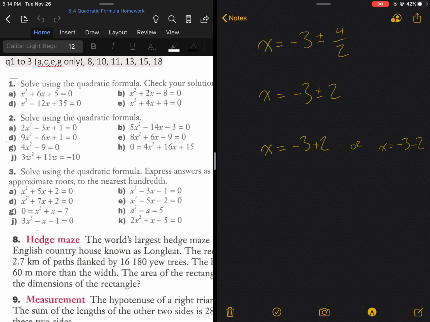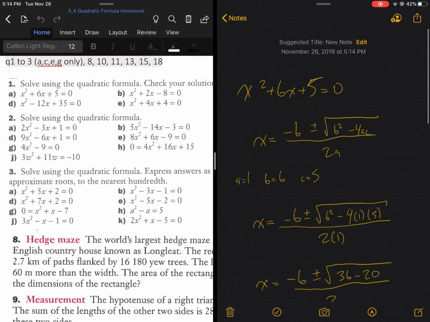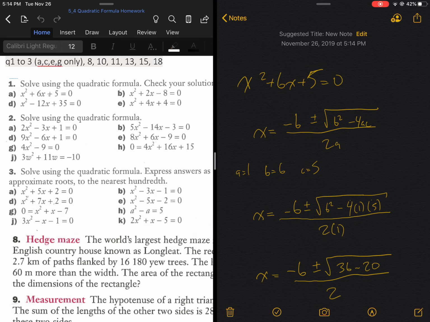That means x equals minus 3 plus 2, or x equals minus 3 minus 2. So x equals minus 1, or x equals minus 5. That's my answer. Now we use the quadratic formula for that, right?